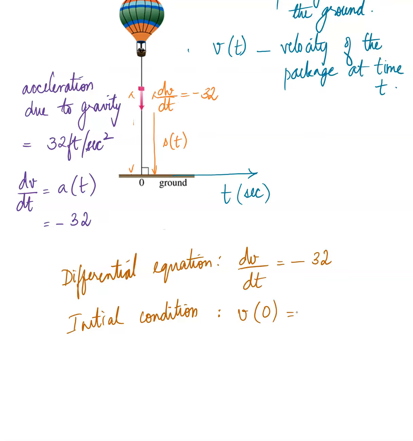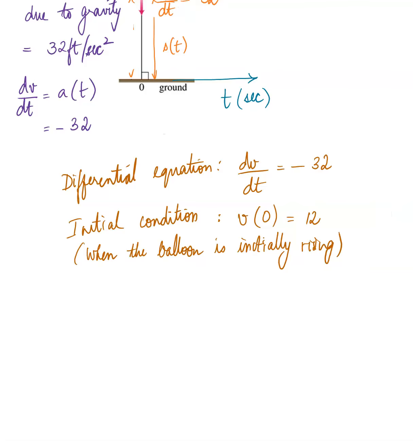Then after, over time, it falls to the ground. But when it is dropped, it is time 0, so v of 0 is given to be 12. And this is when the balloon is initially rising. When the balloon is rising, that's when the package is dropped, so they match there.